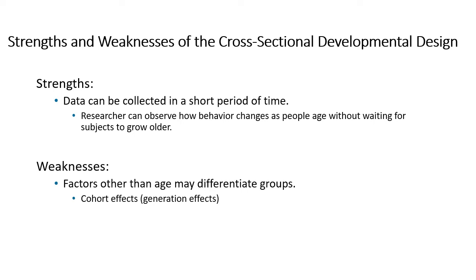And you see this in other things too. Let's say we wanted to tell if there's a difference in how people in different countries view something. Well, you're going to have different cohort effects, or different effects on the people from different countries based on their experience, things like that. So that can be a detriment to these.